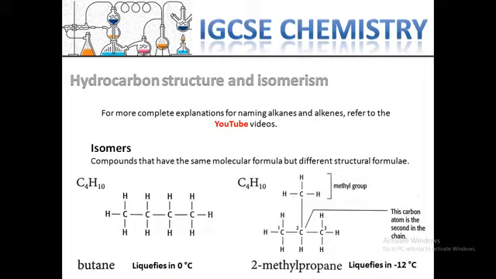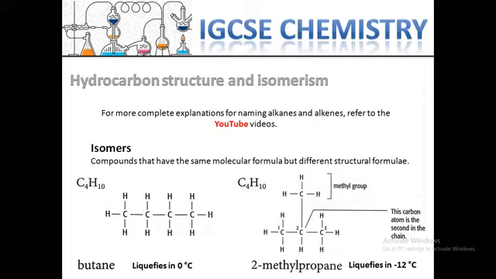Isomers are a group of compounds, two or three or four or five compounds, that have the same molecular formula but different structure. Okay, so isomers can be defined between two or three structures that have the same molecular formula. That means the same number of carbons, same number of hydrogens, same number of any atoms, but the arrangement of the atoms is different.